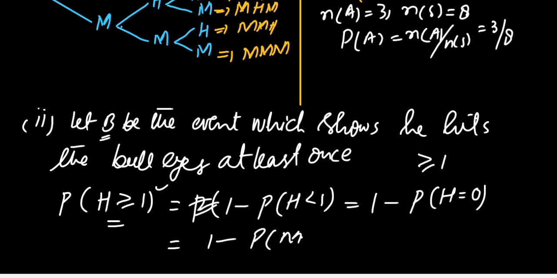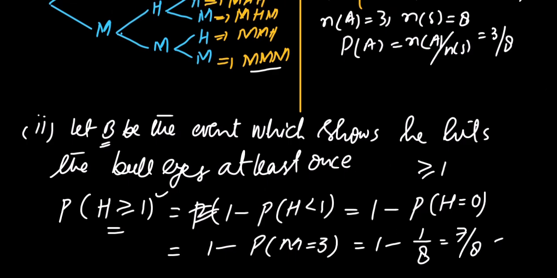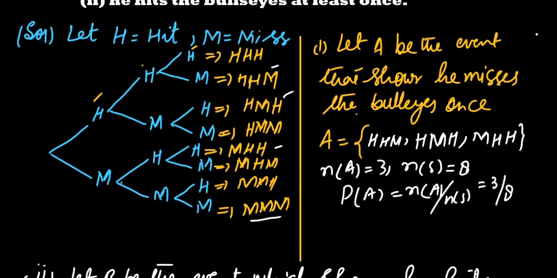That is, M is equal to 3. 1 minus: there is only one possible outcome in which all are M. So this is 1 minus 1 by 8, that is 7 by 8. So the probability that he hits the target at least once is 7 by 8. You can notice from the tree diagram there are 7 outcomes in which at least one H is present.